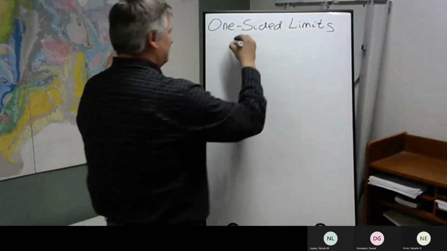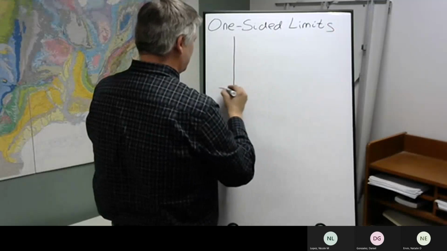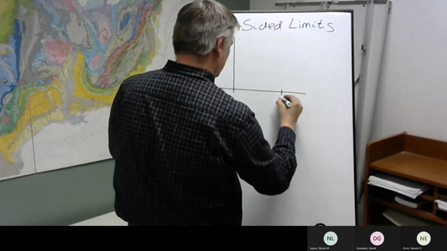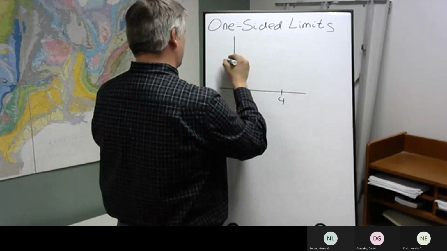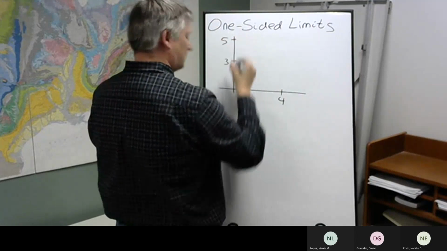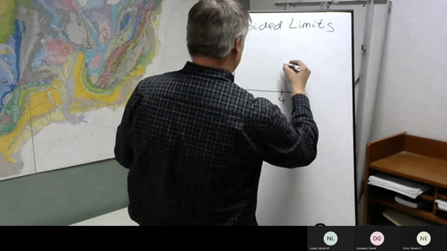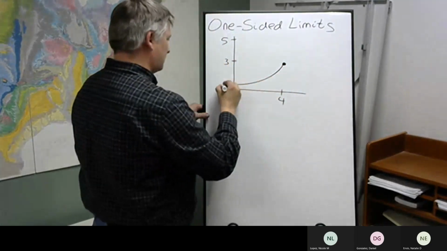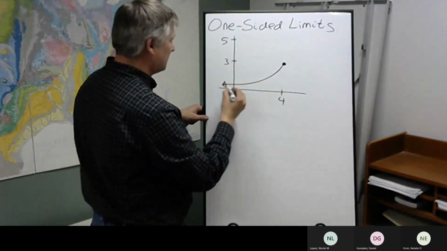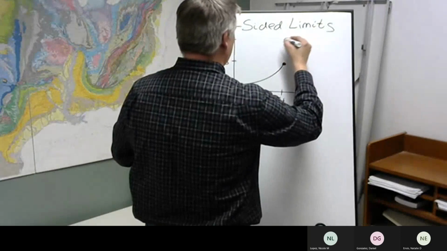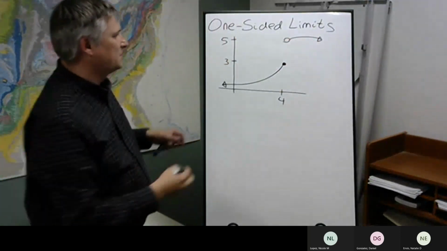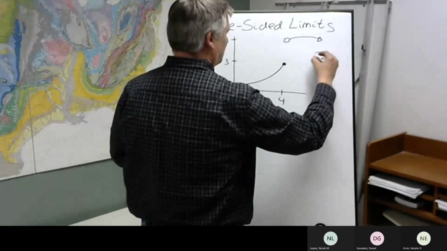So let's say we have something like this. And this is our function f of x.